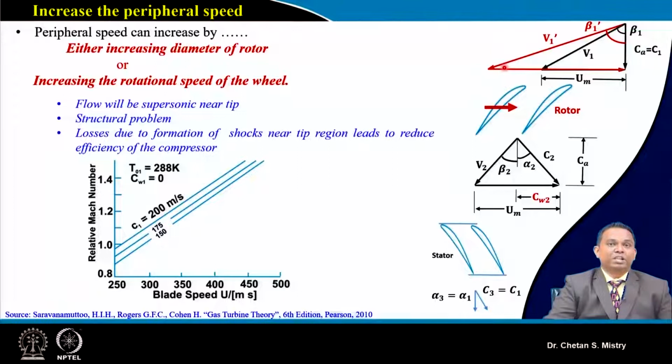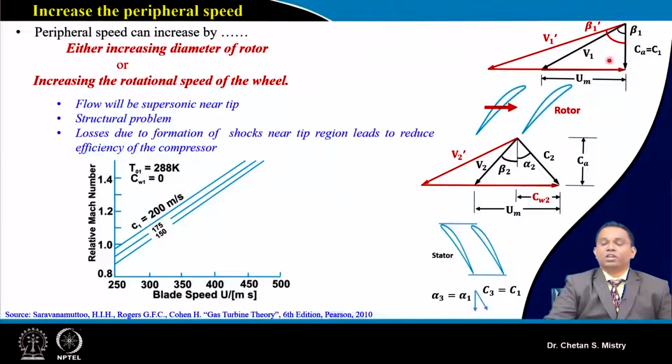If this flow is incident on my rotor blade, at the exit also we will have our relative velocity coming to be larger. Here in this case we are assuming our axial velocity to be constant.